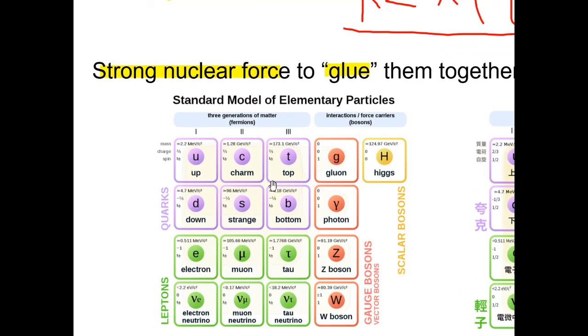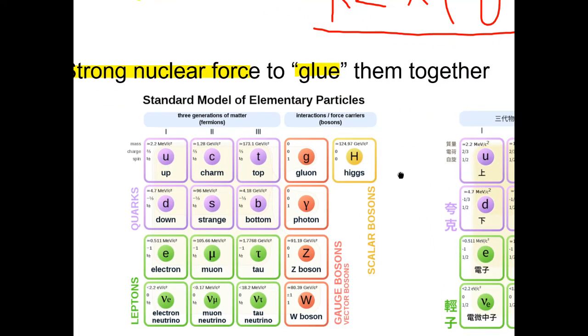There's something called the standard model of elementary particles. It is separated into this part called the fermions, and this the bosons. Actually the proton and the neutron have even smaller building blocks. There are up quarks and down quarks that construct the proton and neutron. We also have something called the gluon to glue the quarks together.